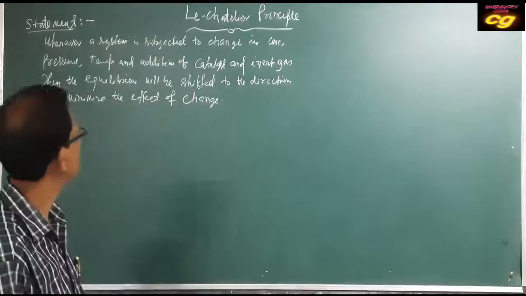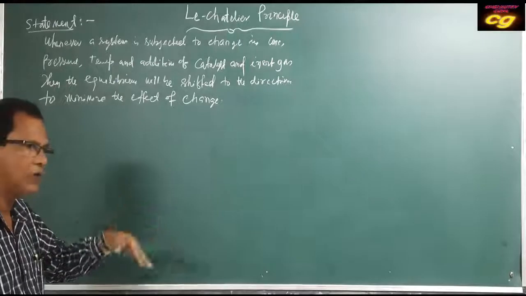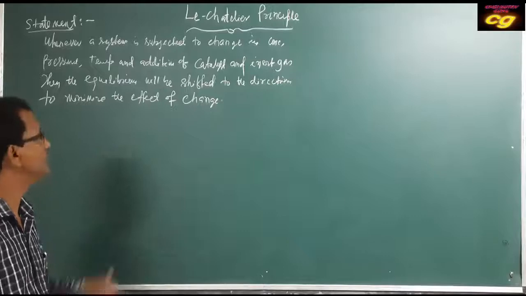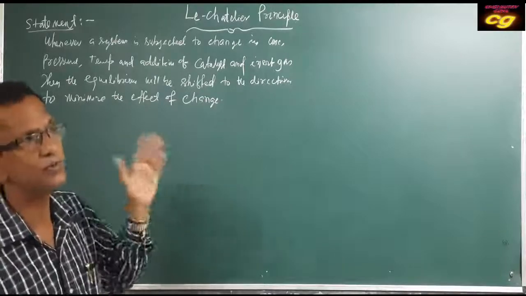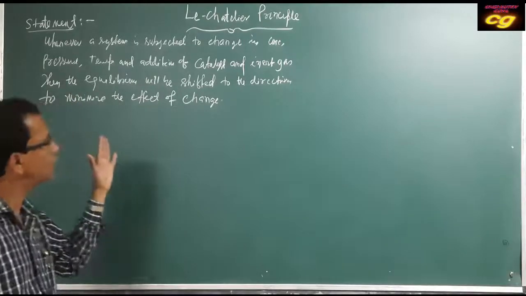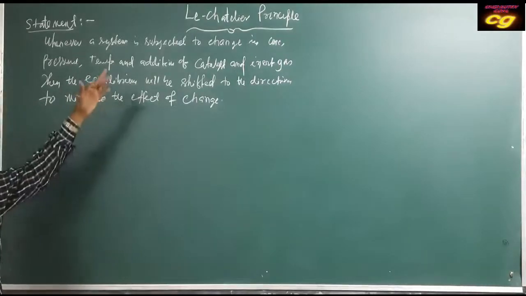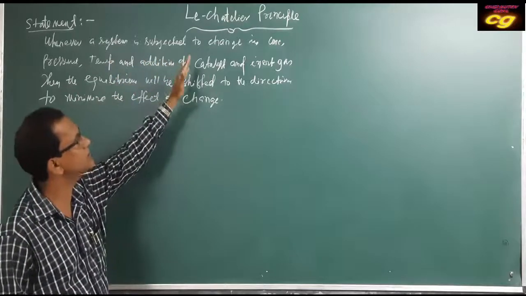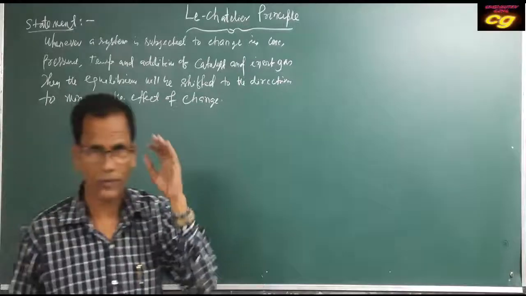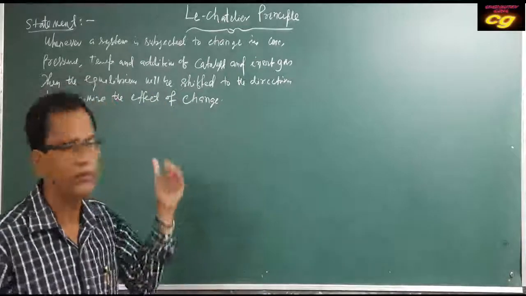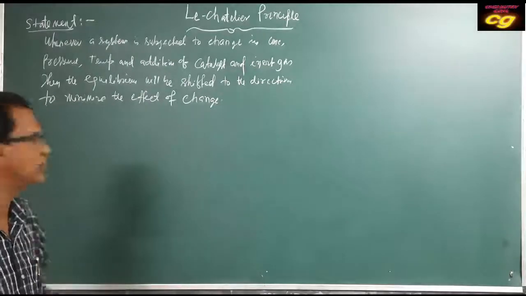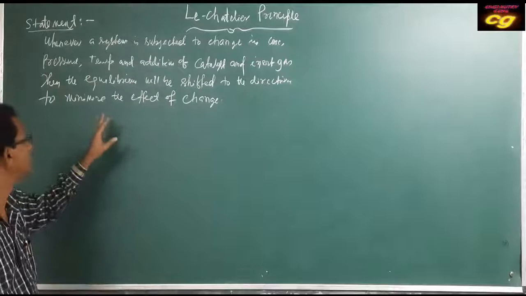So today we will discuss how a system in equilibrium is affected by changing the concentration, temperature, and pressure of the system. But before that, see the statement of the Le-Chatelier principle. It is used to study the direction of equilibrium, the shifting of equilibrium towards the forward or backward direction, or whether there will be no change in equilibrium. We will discuss this.